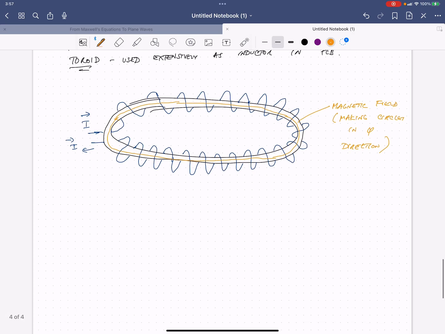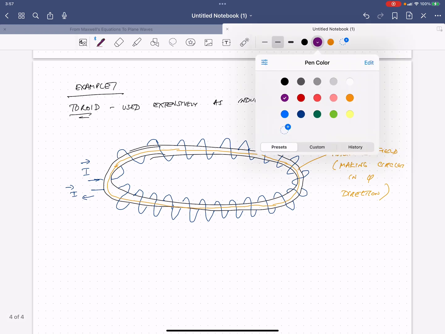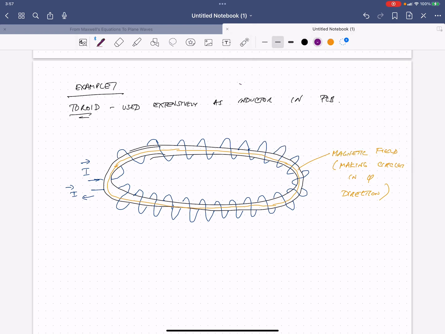And now let's give some definitions, or some values.